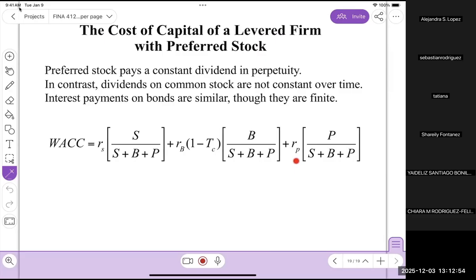As a consequence, we have to put them all into our calculation where V is equal to the market value of all securities: stocks, bonds, and preferred stock.